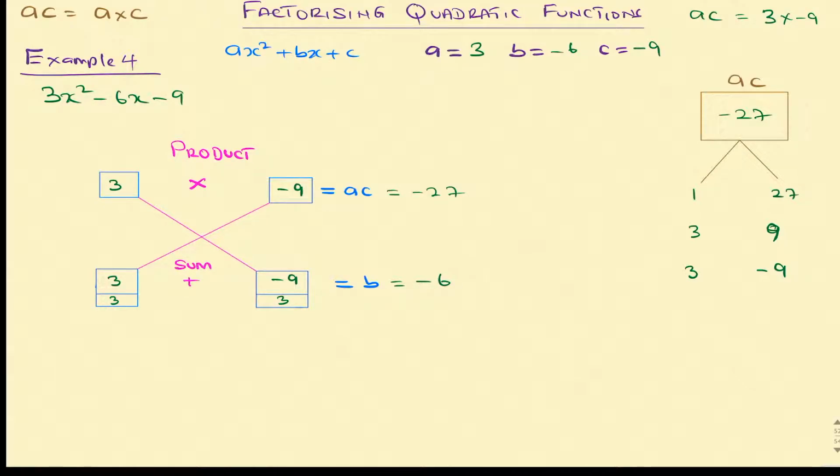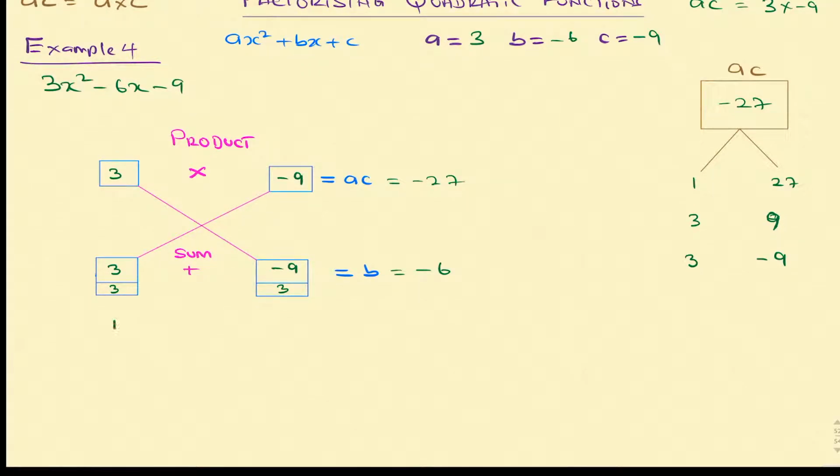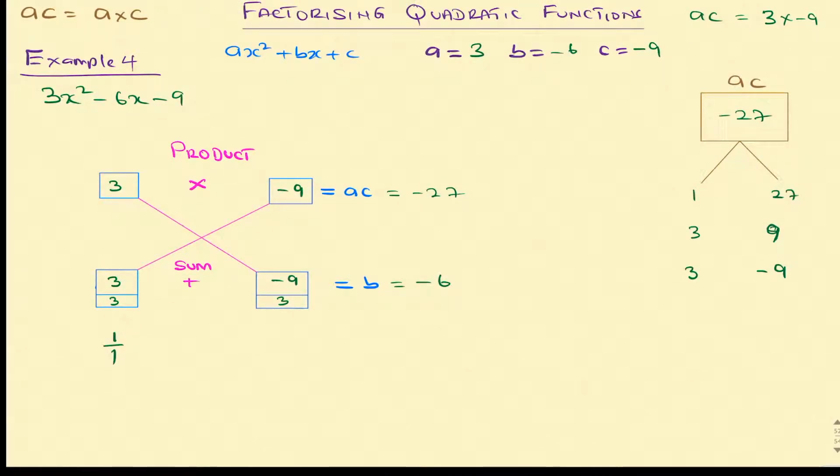Now, in order to complete these factors, what we need to do is simplify one of the bottom boxes, not both of them. So let's do an example where we simplify the left-hand side. If we simplify the left-hand side, we get 1 over 1, because 3 in 3 is 1, and we still keep the right-hand side, which is minus 9 over 3.